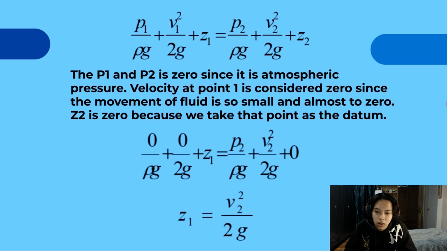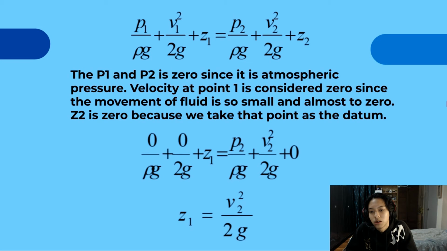As P1 and P2 are 0, since they are atmospheric pressure, the velocity at point 1 is also considered 0, since the movement of the fluid is so small and almost equal to 0. Z2 is also 0 because we take that point as the datum.